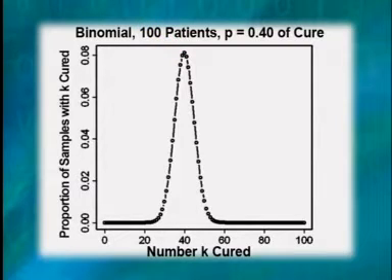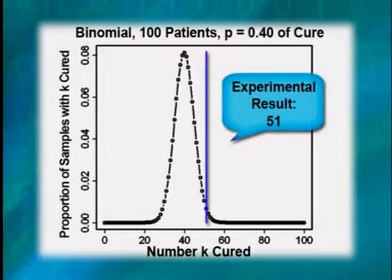Now we apply the cream to 100 patients and we ask ourselves what the result is. Well, suppose that the result is 51. 51% of the people actually were cured. You notice that you expected about 40% on average would be cured.